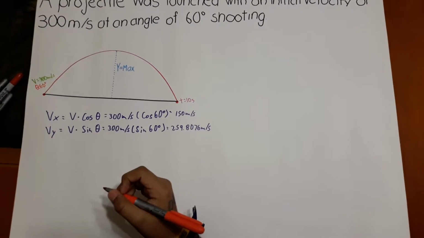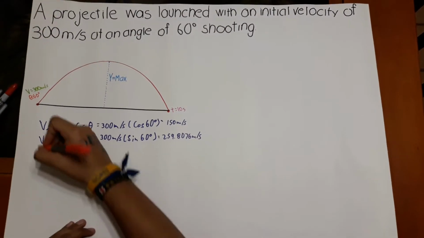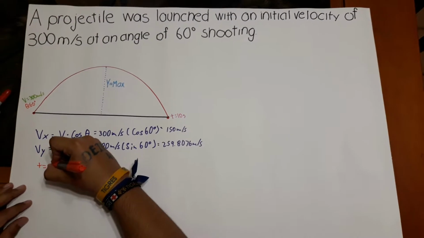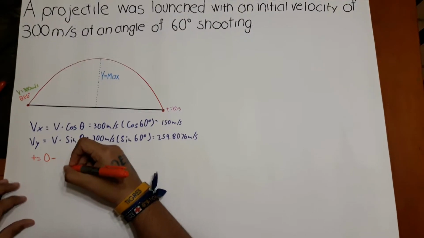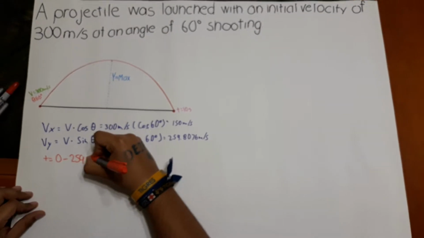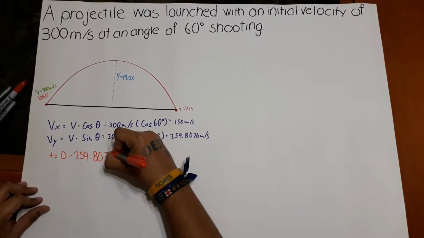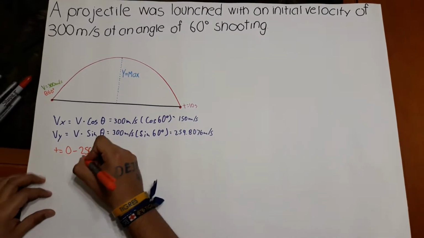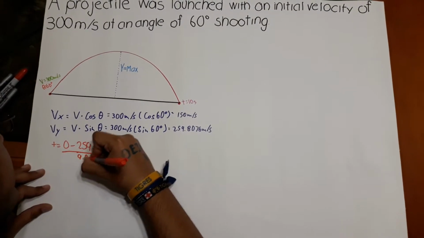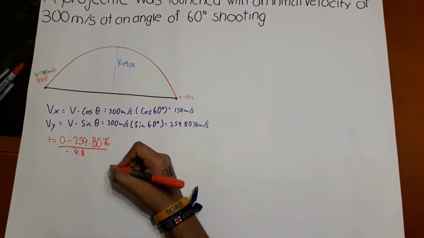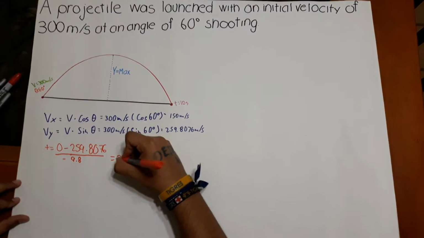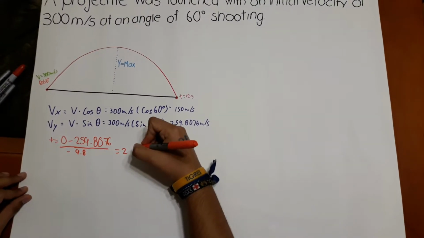For this I need to obtain the time, and the formula that we are going to use is time equals final velocity, that is 0, minus initial velocity, that is this value, over the gravity. And this will be 26.501109.